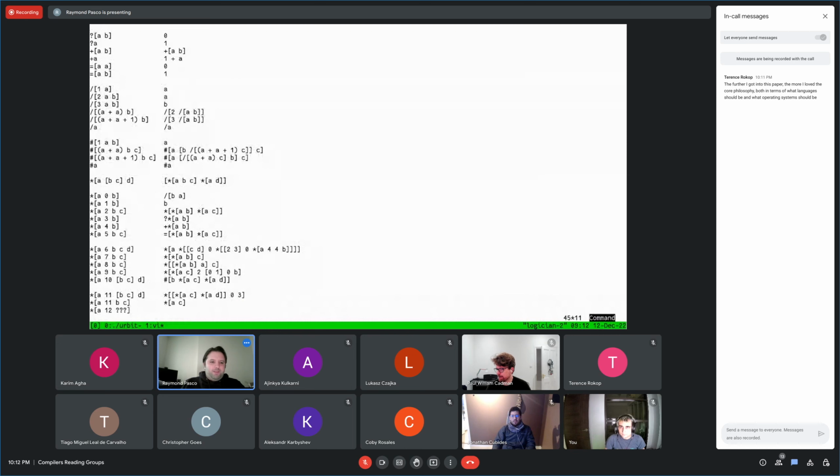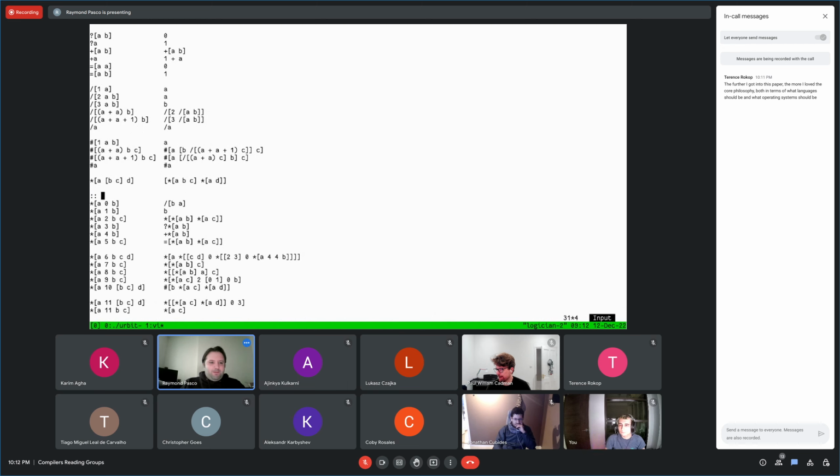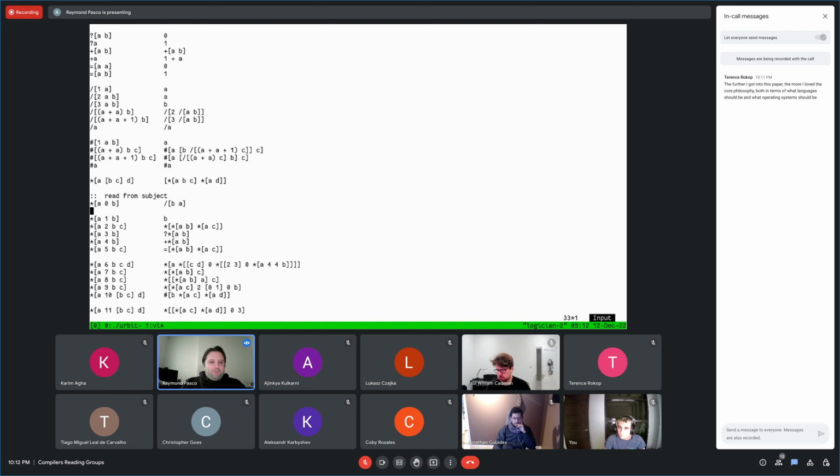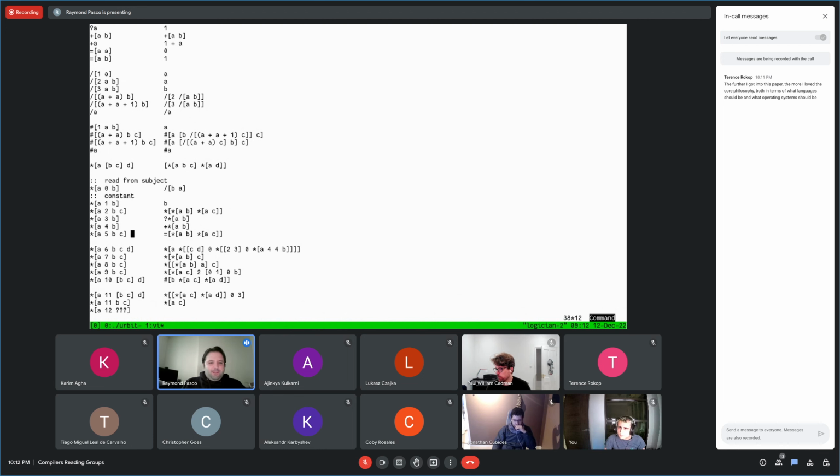The opcodes are in order. The first two are 0, read from subject, and 1, constant. Everything else you can see in this rewritten version of the reduction rules, you see a lot more stars.